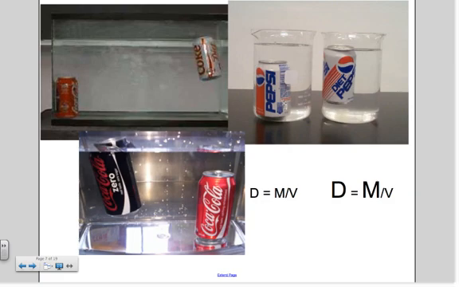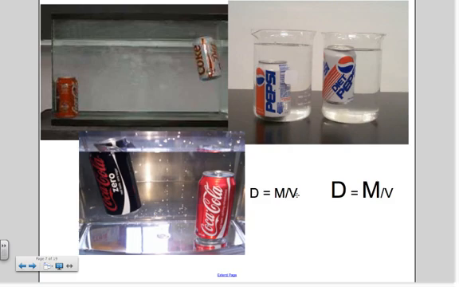Regular Coke has a density greater than 1 because it sinks in water. Why? Well, first of all, these two sodas have the same volume. They have the same amount of soda inside of them. So what's different? Well, Diet Coke has less what? Less sugar. Therefore, it weighs less. Regular Coke has a lot of sugar. Therefore, it has a larger mass.